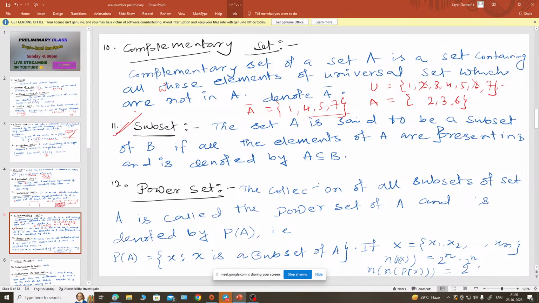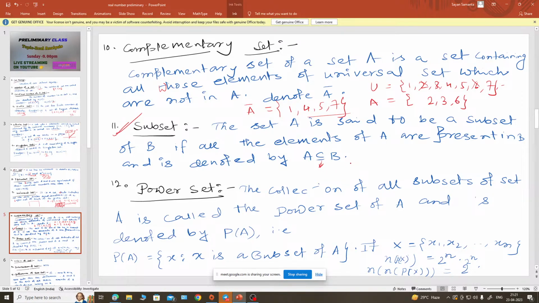Now, subset. What is subset? A set A is said to be a subset of B if all the elements of A are present in B, and is denoted by A subset B. This symbol is the subset symbol.